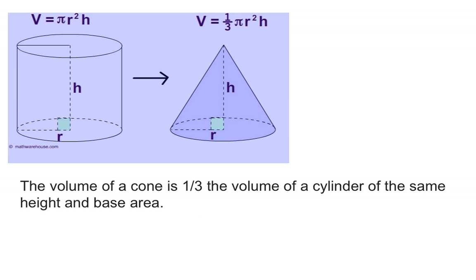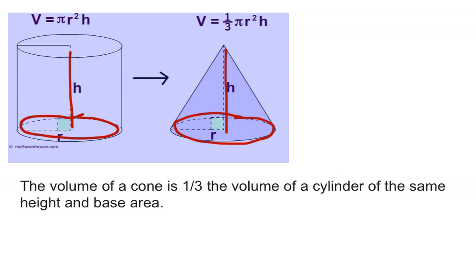So the first one let's look at is a cone, and I want you to notice that in this case, let's assume the cylinder and the cone have the same base, so they both have the circle, and that they have the same radius, and that they're the same height.